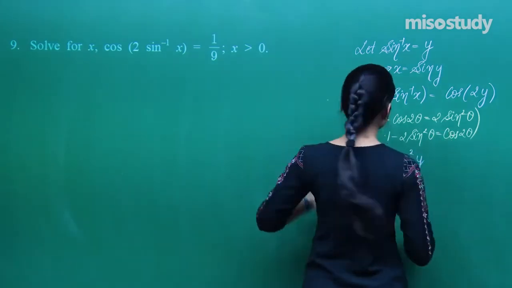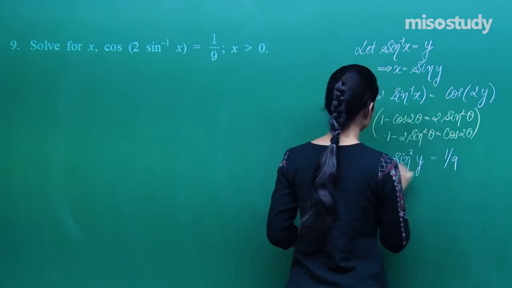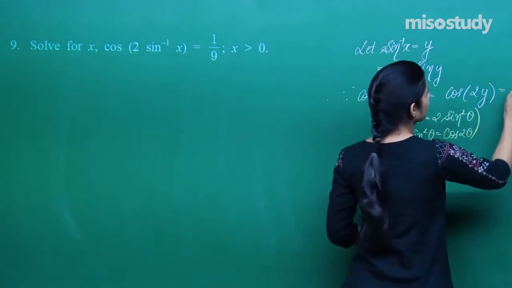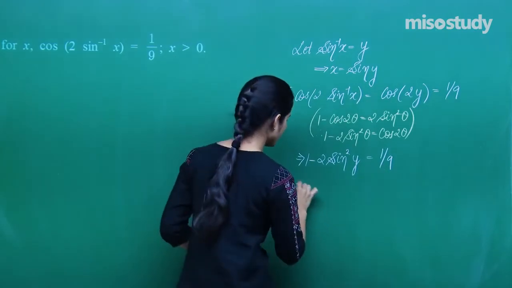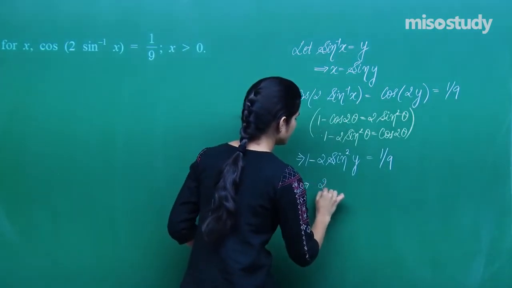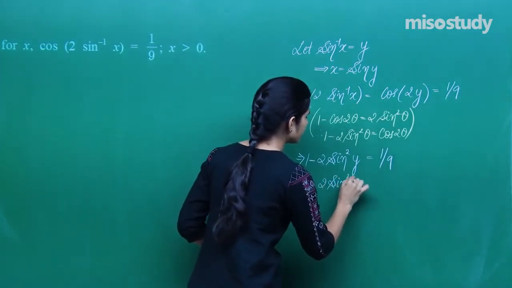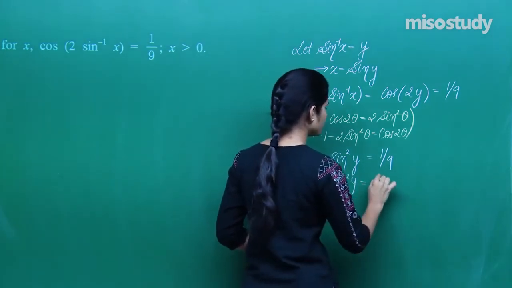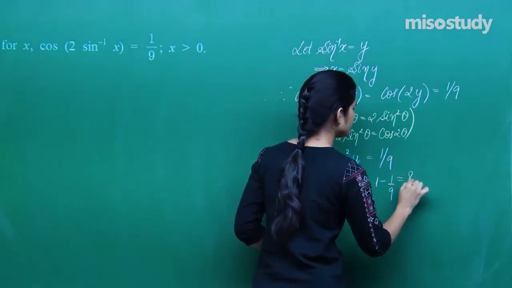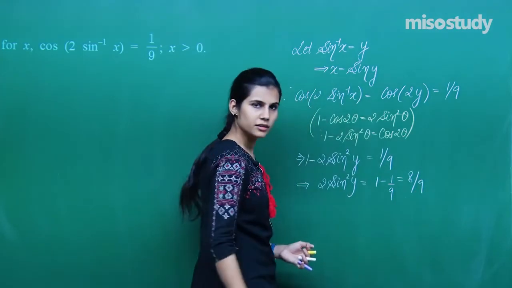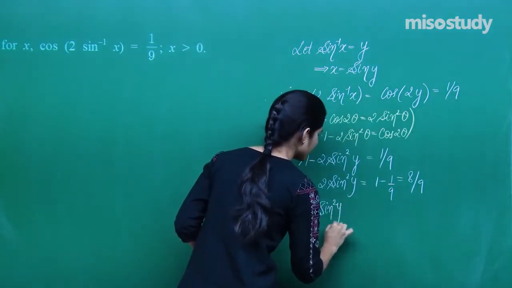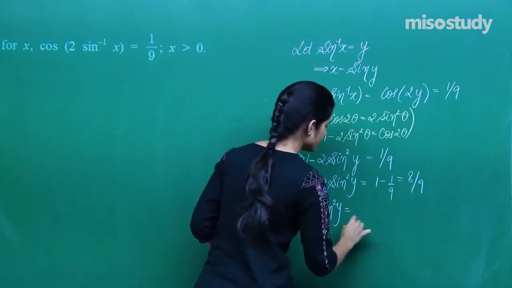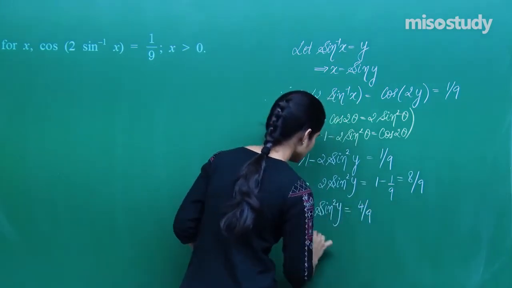This is already given to be equal to 1 by 9, which implies 2 sin square y is equal to 1 minus 1 by 9, that is 8 by 9, which implies sin square y is equal to 4 by 9.